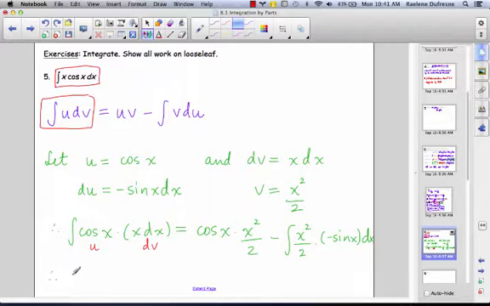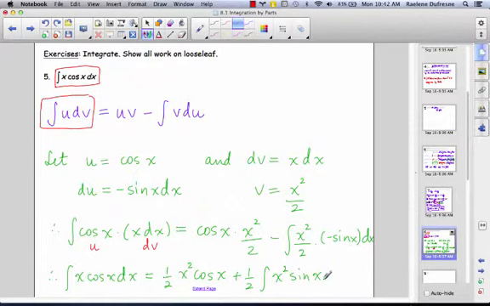And so altogether we have that the integral of x cosine x dx is equal to 1/2 x squared cosine x minus times negative is going to be plus, and then we have a 1/2 constant, and then we have the integral of x squared sine x dx. Well, we still have to work out this last integral, but we notice that it still involves a product. So we would have to maybe perform another integration by parts.